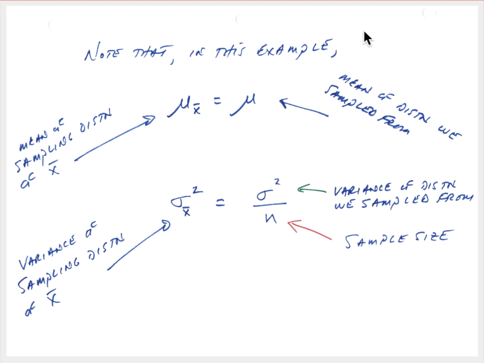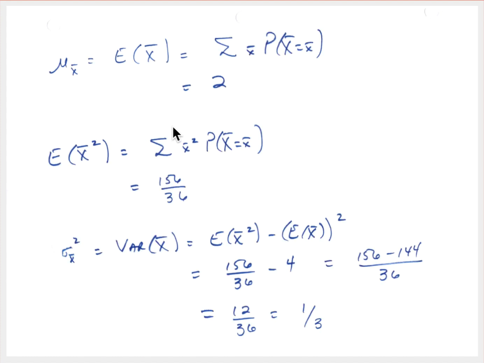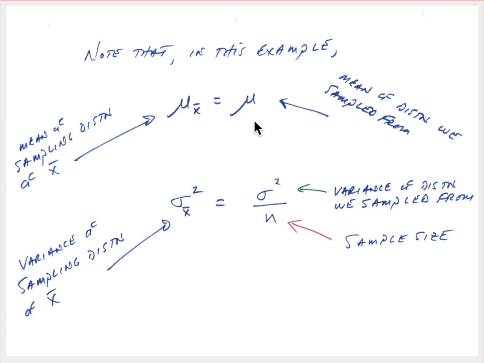Now, I just want to point out that in this example, the mean of the sampling distribution of X bar, denoted mu sub X bar, is in fact equal to the mean of the population we sampled from, because the mean of the sampling distribution of X bar was shown to be 2, and that is the mean of the underlying population.